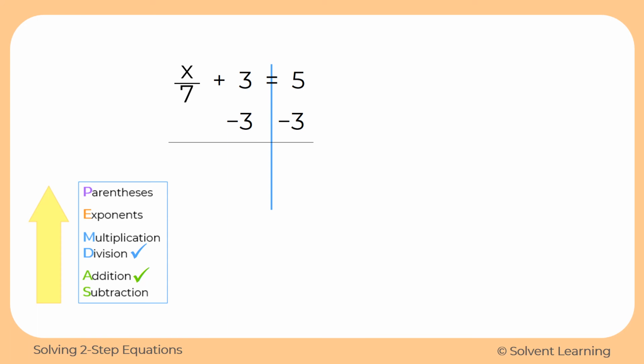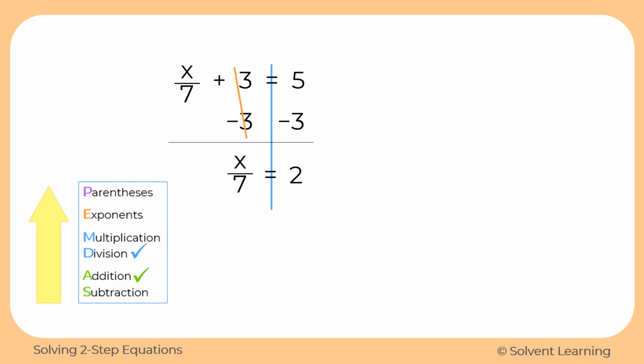On the left side, the plus 3 minus 3 equals 0, so they cancel each other out. So I just have the x over 7 to bring down. My equal sign in the middle, and on the right side I have 5 minus 3, which is 2.